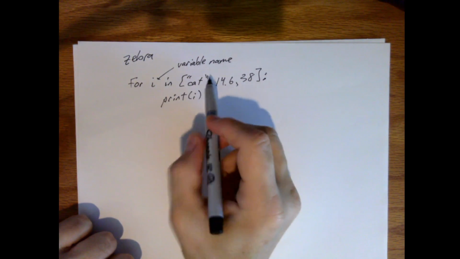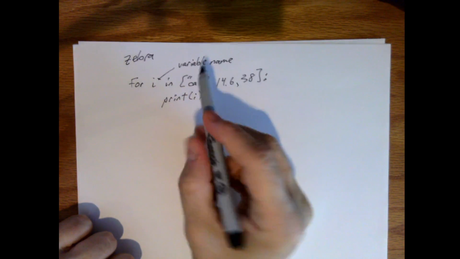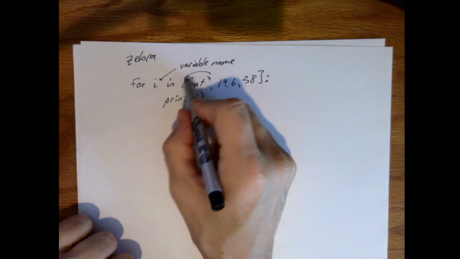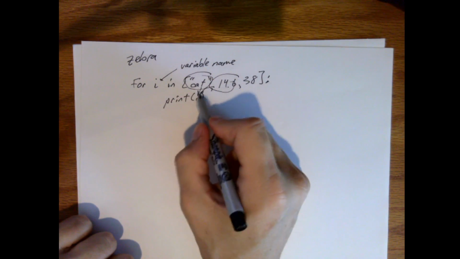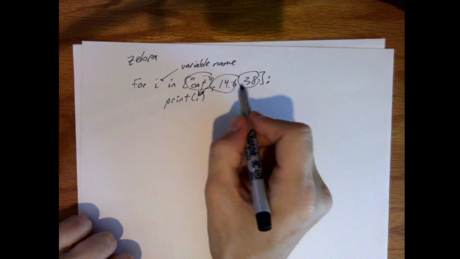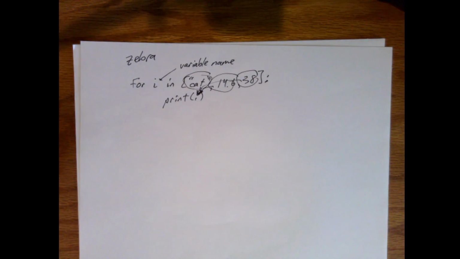it's going to print cat, it's going to print 14.6, then it's going to print 38, because on the first iteration I is this. On the second iteration, I becomes this. On the third iteration, I becomes this. And once I run out of things, the loop stops.